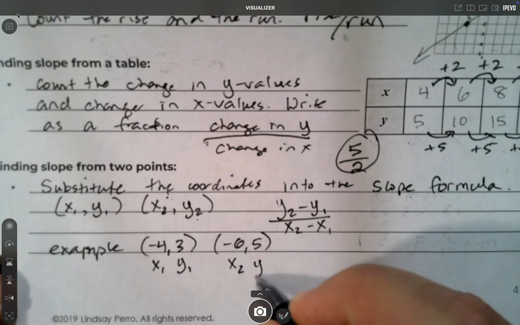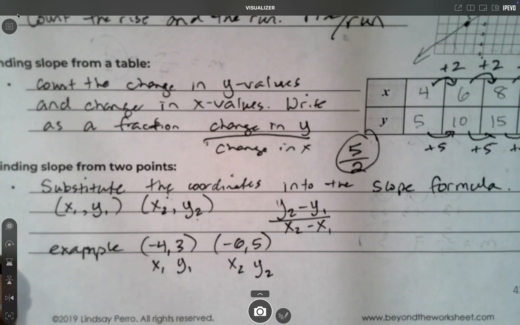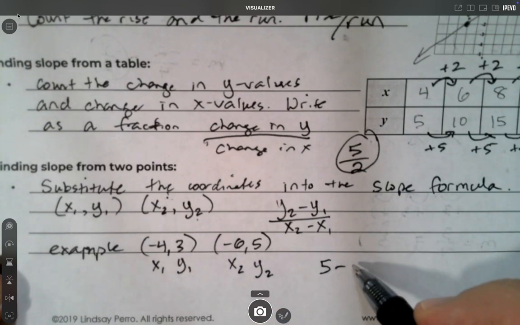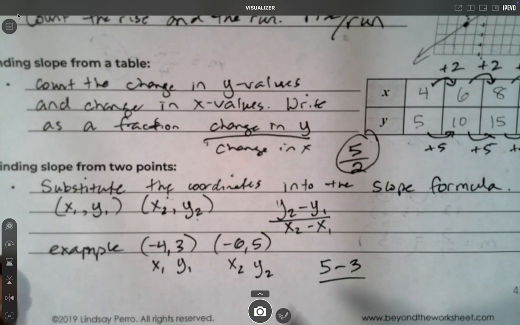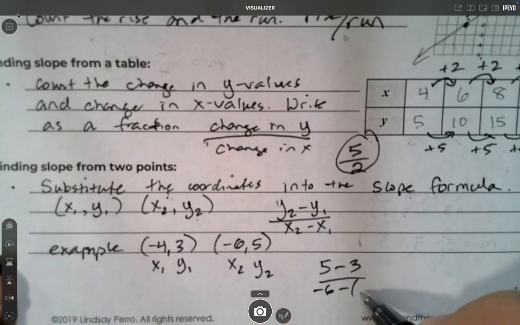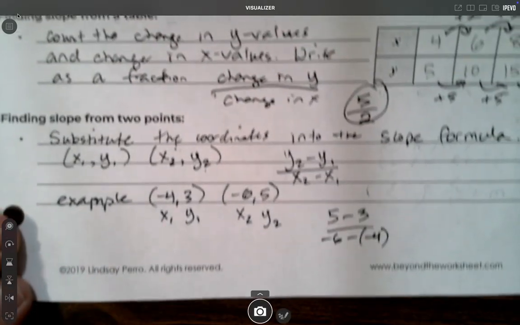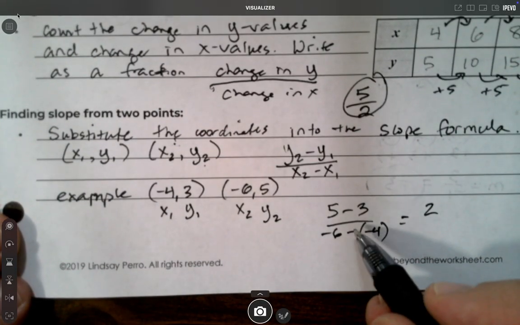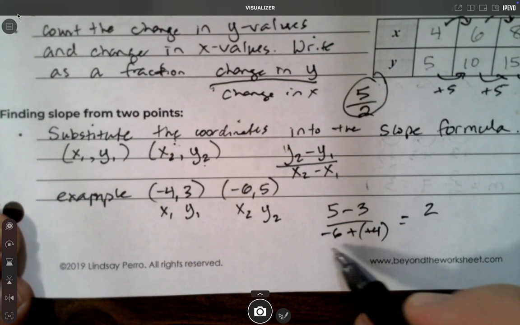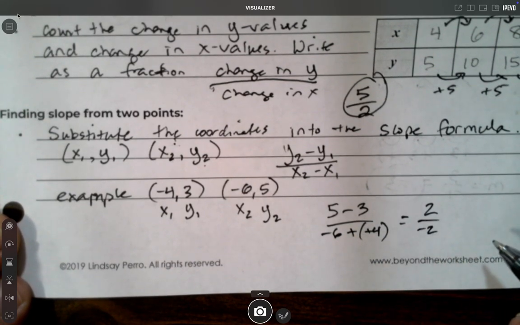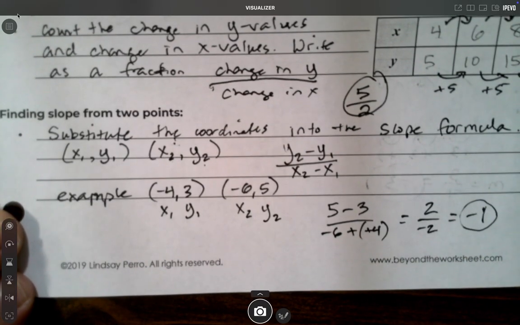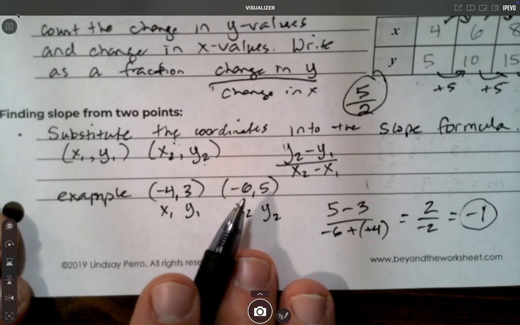This is a y value, it's y2 because it's from that point. So we do y2, which is 5, minus y1, which is 3, over x2, which is -6, minus -4, because that's our first x. 5 minus 3 is 2. Minus a negative changes to plus a positive. -6 plus 4 is -2. And 2 divided by -2 is -1. So the slope of the line that would pass between these 2 points is -1.